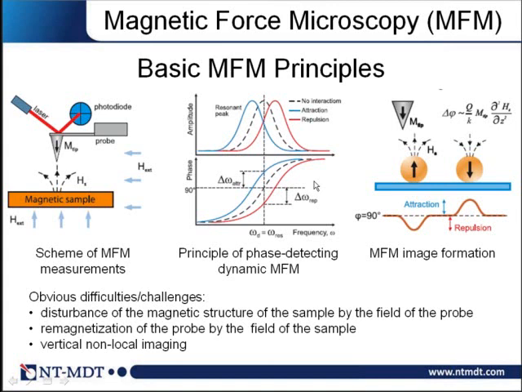So the very important parameter is the distance between the probe and the sample. By putting your probe immediately close to the sample, you can make lithography, but by measuring at some elevation, which is several tens of nanometers, you can measure without lithography.